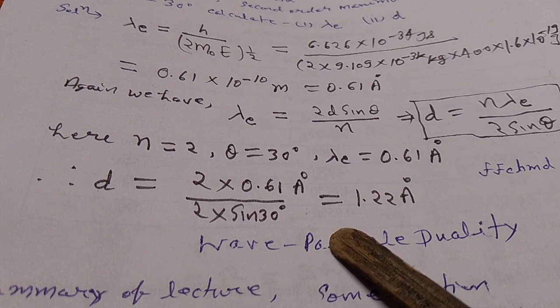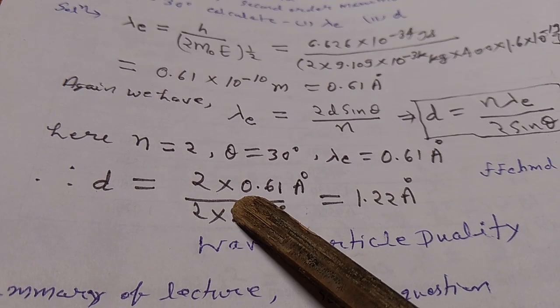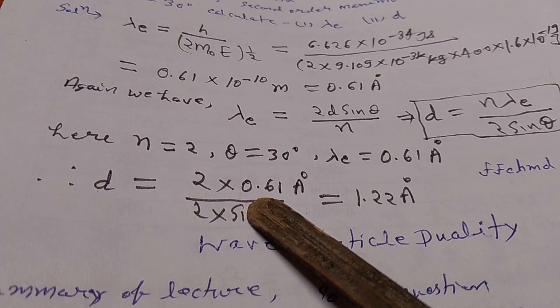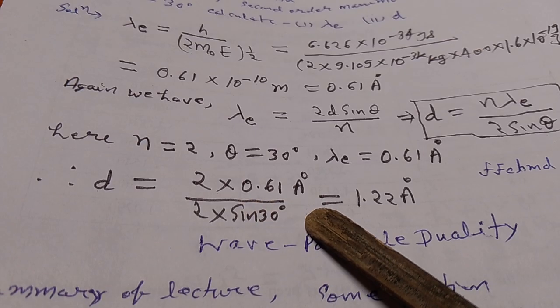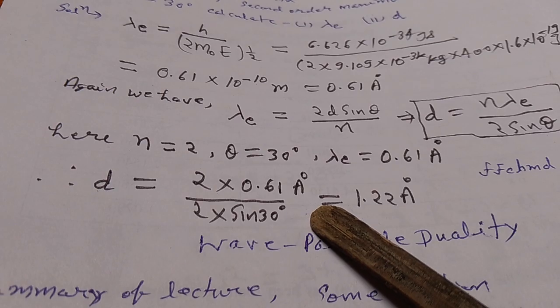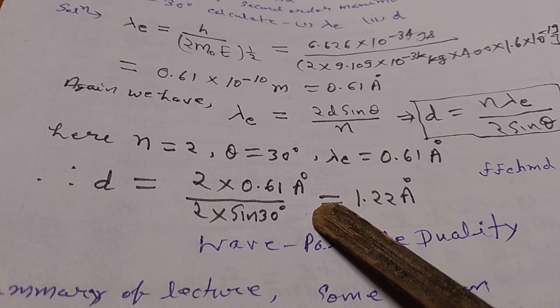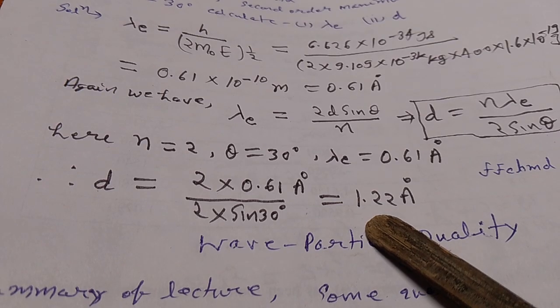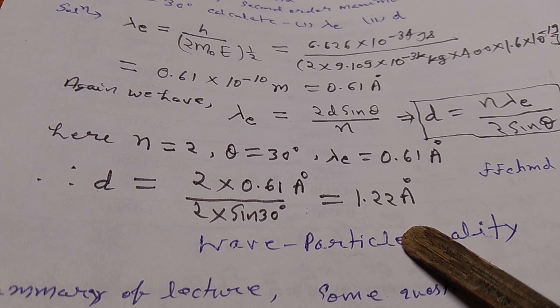Using this value we get the spacing between the planes, the interplanar distance between planes, is 1.22 angstrom.